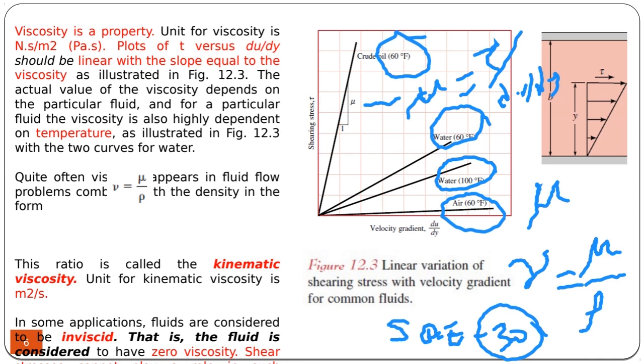So SAE 10 is thinner than SAE 30, or SAE 90, which is a gear oil, is much thicker than SAE 30 or SAE 10, meaning that its viscosity is higher. So viscosity is actually the internal resistance of the fluid against flowing.